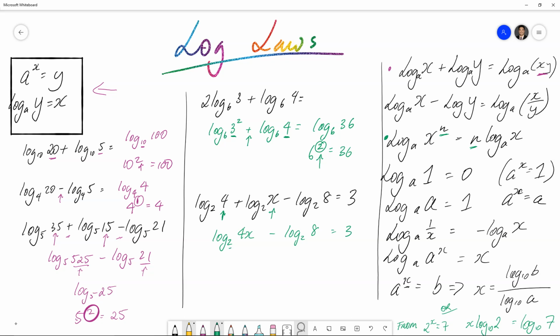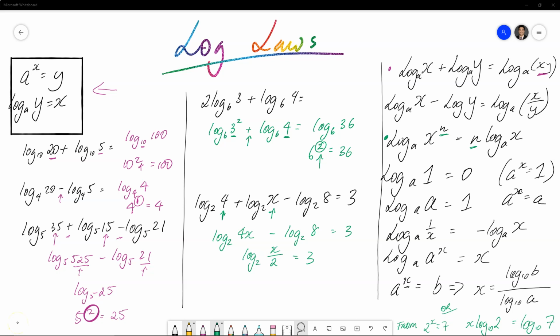Keep in mind that the bases will need to be the same. So what we can say is that log base 2 of 4x over 8 is equal to 3. Then when we simplify this fraction, we get x over 2.